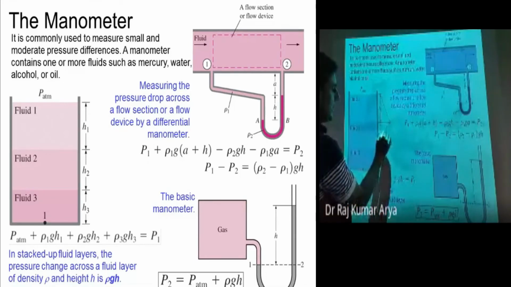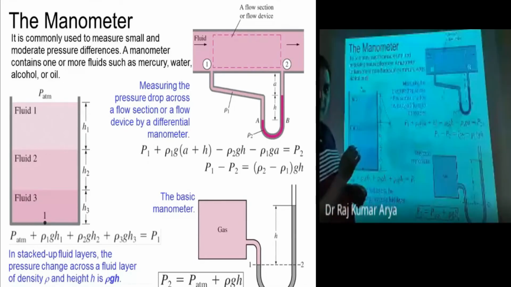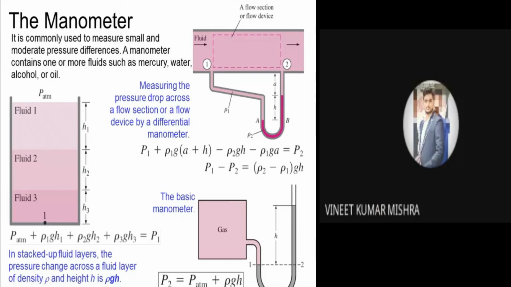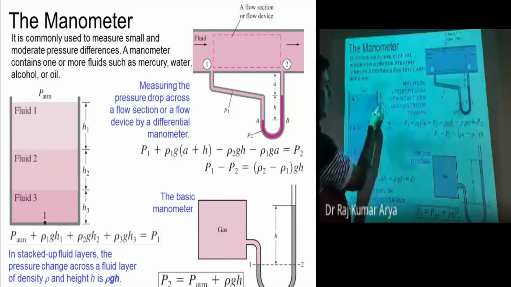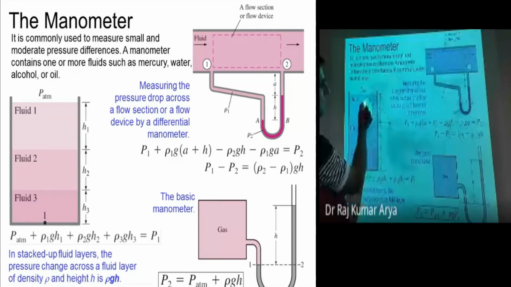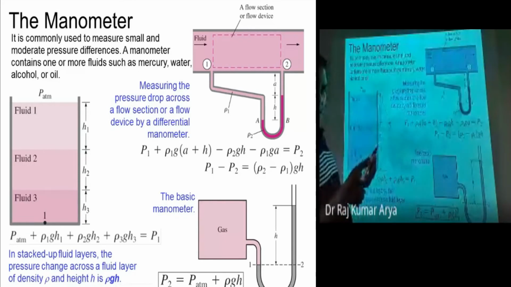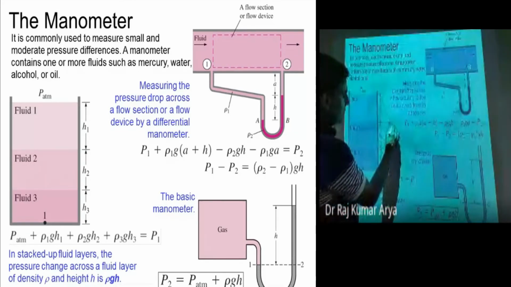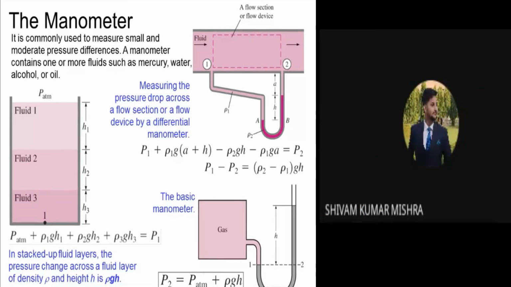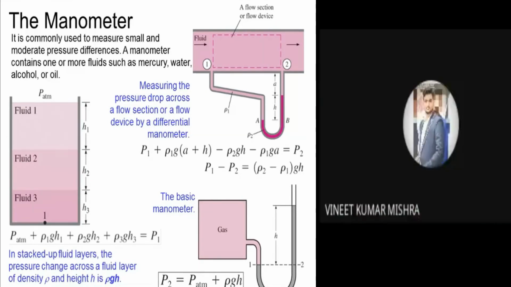This is the magnitude which you got here. कितना आया था ये? P atm plus rho 1 g h1. No, P atmosphere cuts here because we are starting from here at 0. So we are just cancelling the P atmosphere. So you got here rho 1 g h1. Fine. Yes, sir.